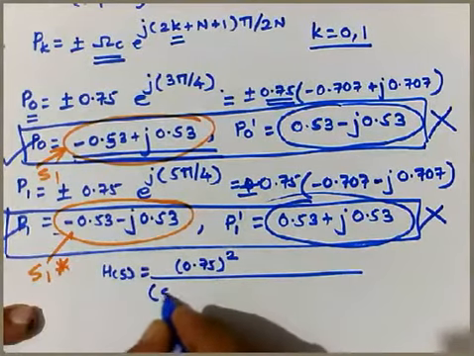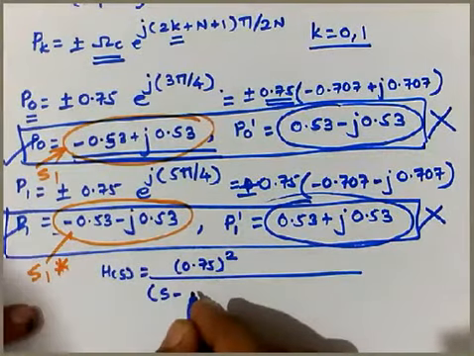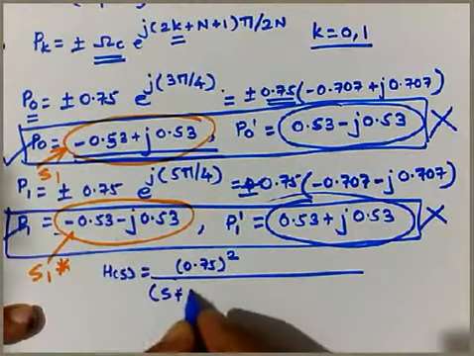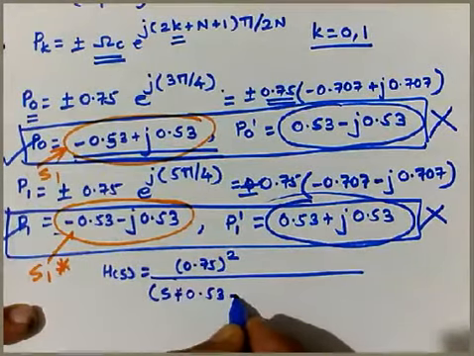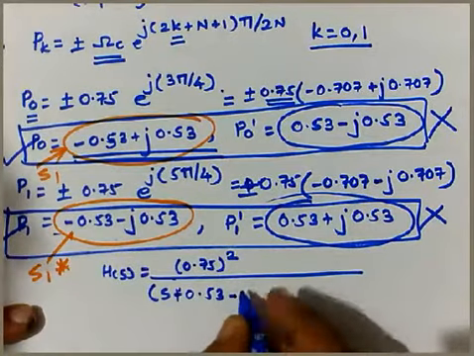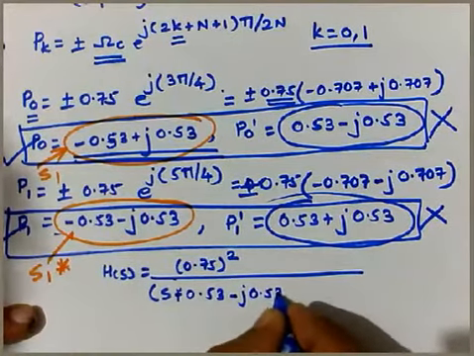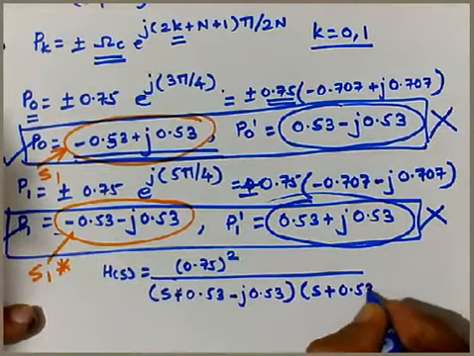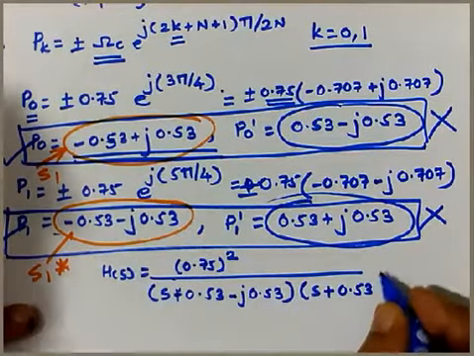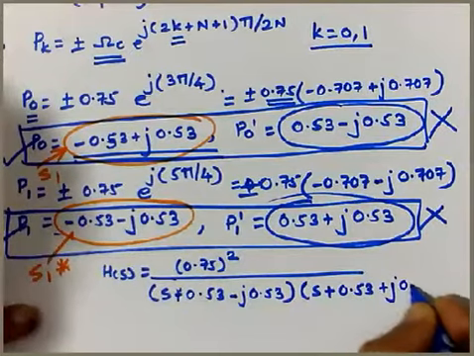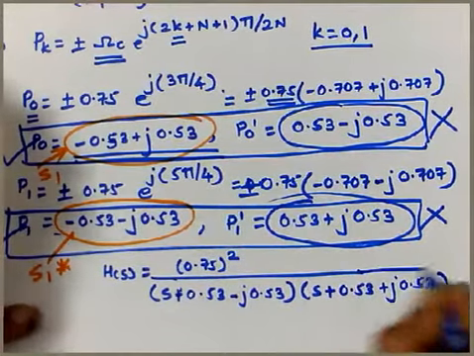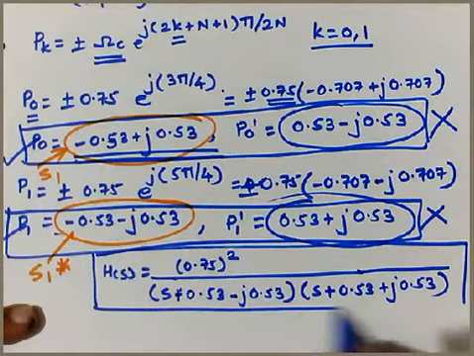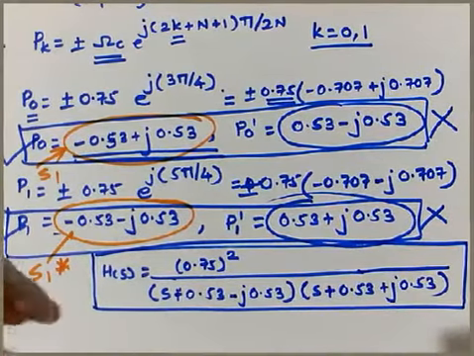So it is (s − S1), that is s − (−0.53 + j 0.53), into (s − S1 star), that is s + 0.53 + j 0.53. This is how (s − S1 star) will be completed. So this is nothing but H(s).